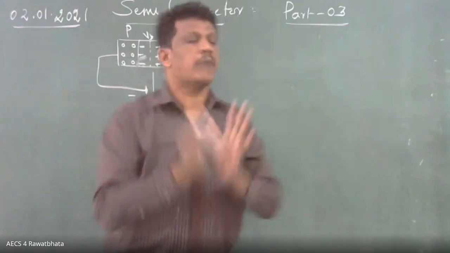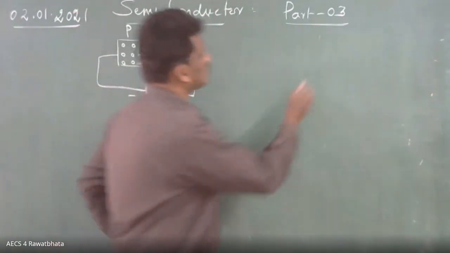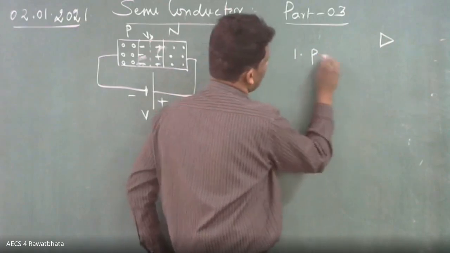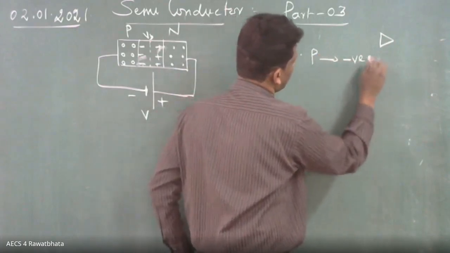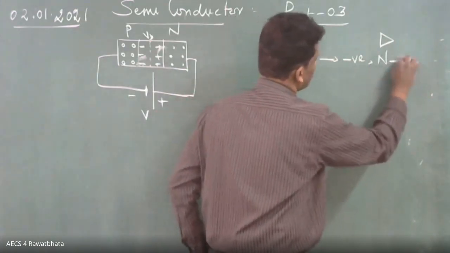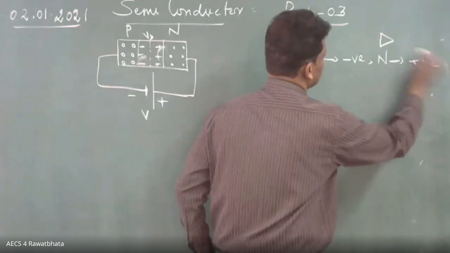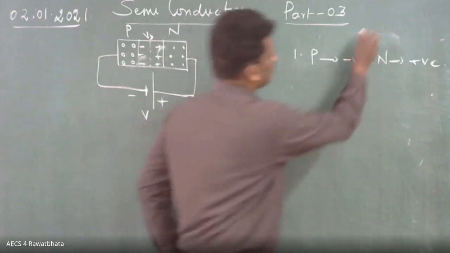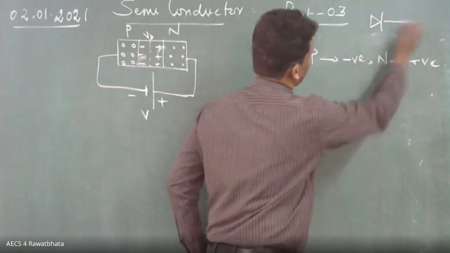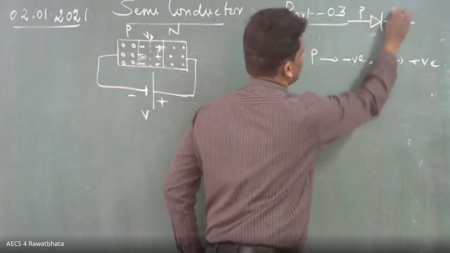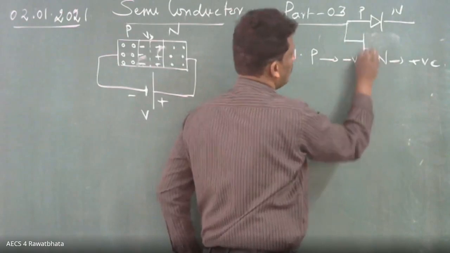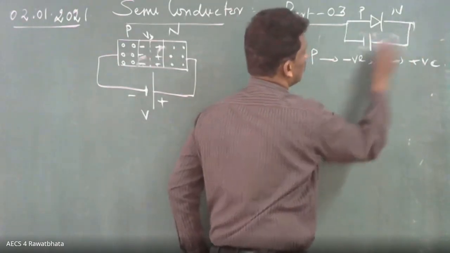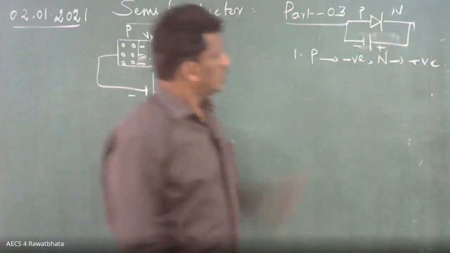What is reverse bias? First point: the P region with negative and the N region with positive, just put opposite. Suppose this is the diode, this is P, this is N. P with negative, here positive. Minus, plus, reverse.